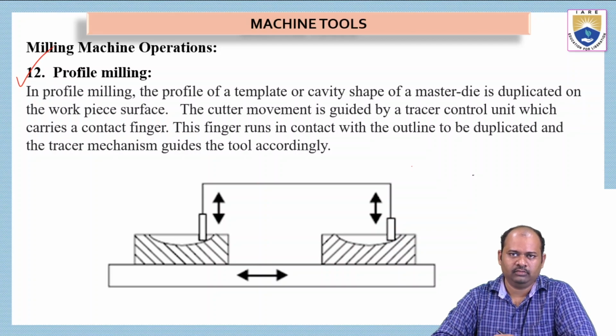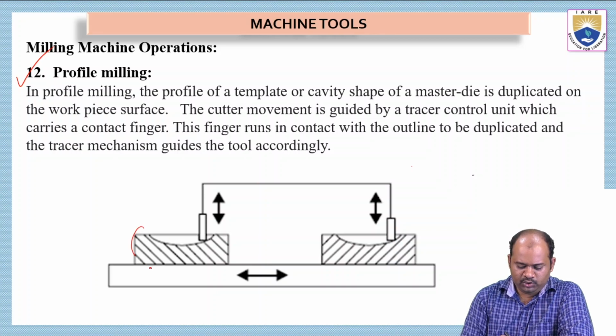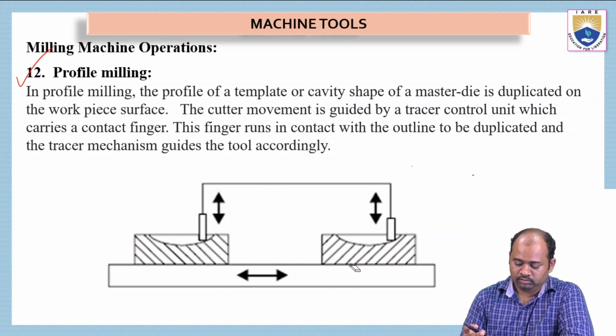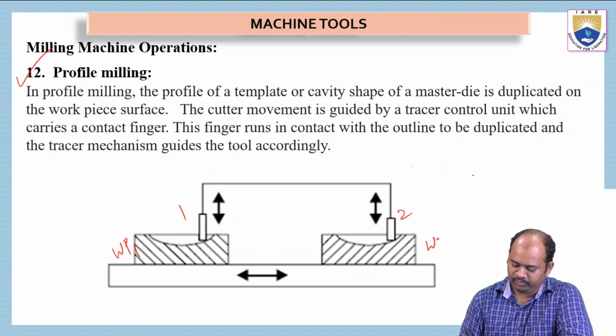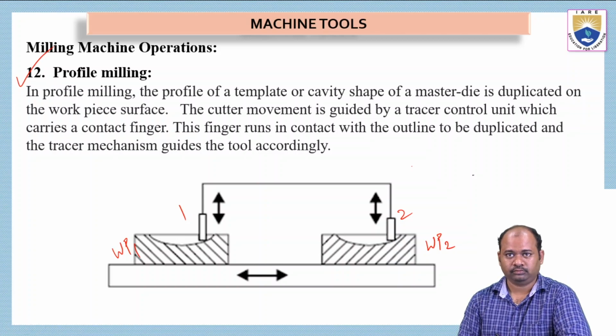Okay, now let us try to understand. If these two are the workpieces, and we also have two tools, this is tool number 1 and this is tool number 2, this is workpiece 1 and this is workpiece 2. Now what happened?